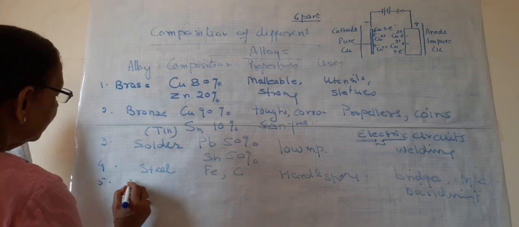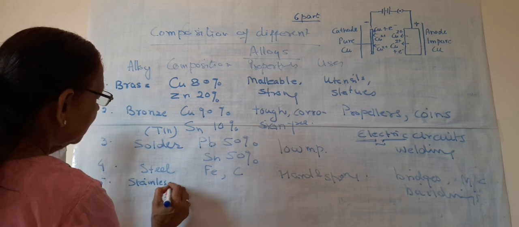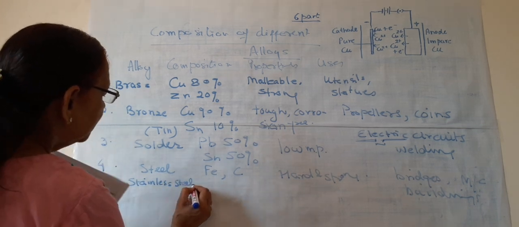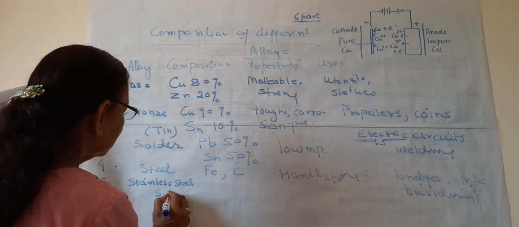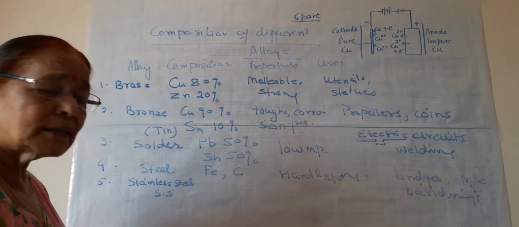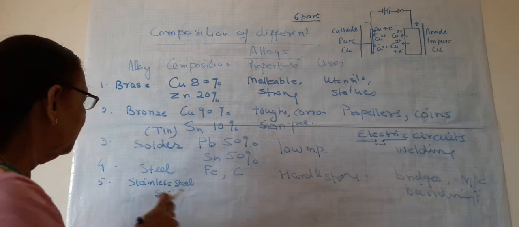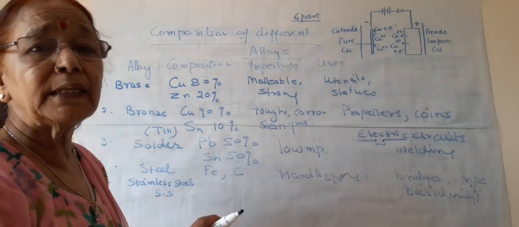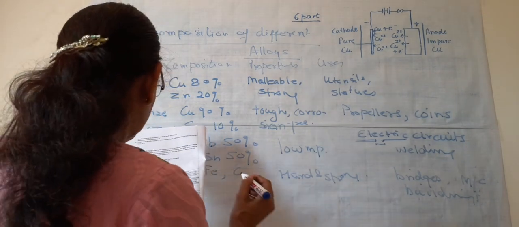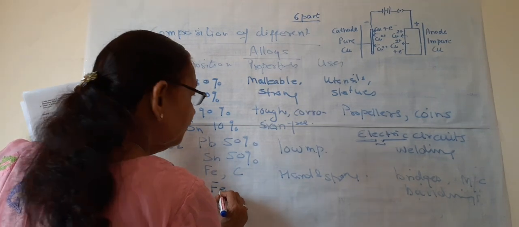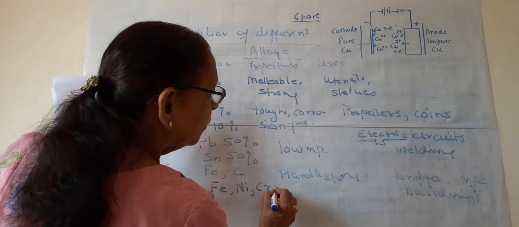Fifth is stainless steel. Very important. All of you have seen the utensils in our houses. Most of them are of stainless steel. In short it is known as SS, and many grades, 316, 304, 204, many grades of stainless steel are there depending upon the percentage of nickel and chromium. So how is stainless steel formed? By iron, nickel and chromium.